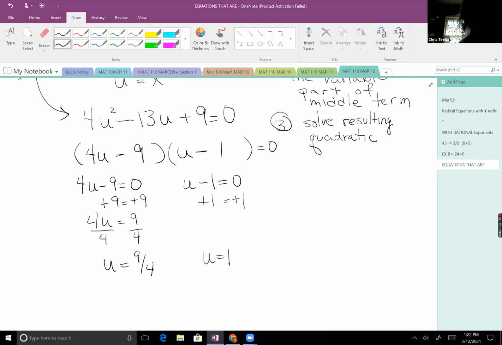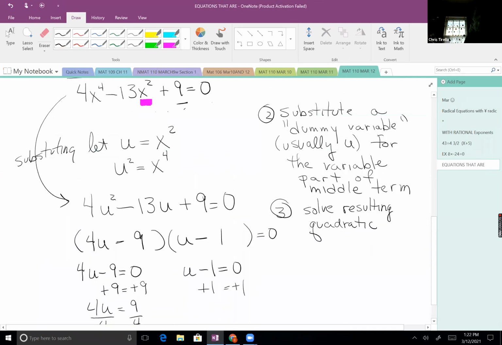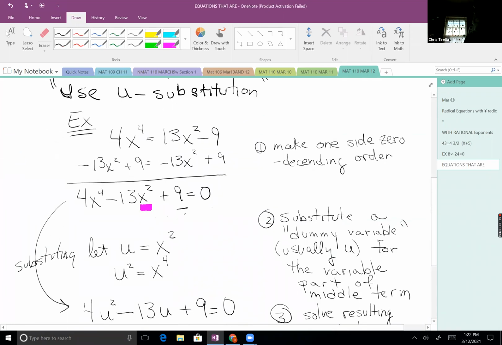But wait a minute. We know what u is equal to, but we want to know what x is equal to.